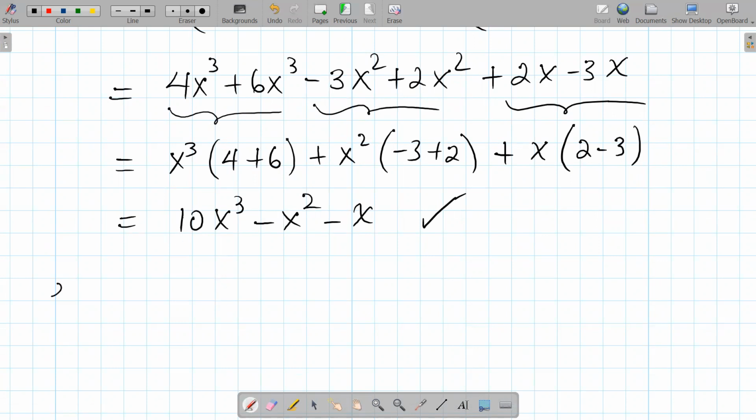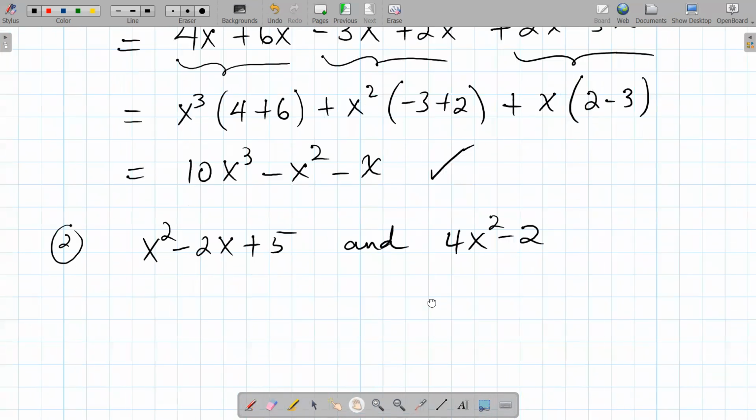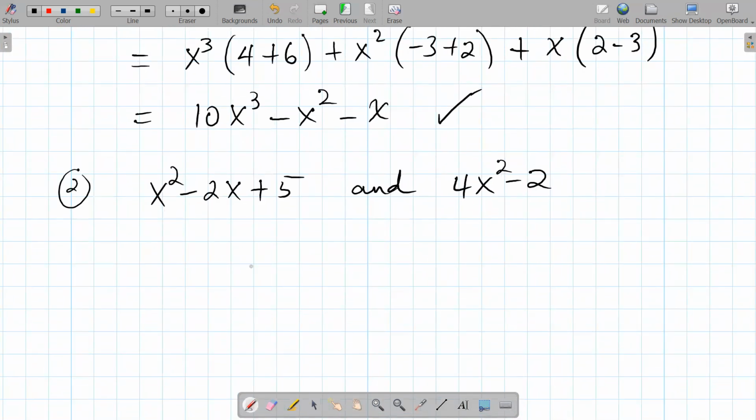The second one, I have x squared minus 2x plus 5 and 4x squared minus 2. Whichever way you want to do it, it's fine. I can do it vertically.